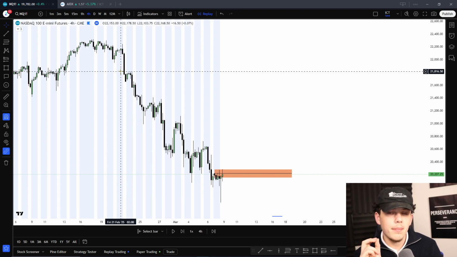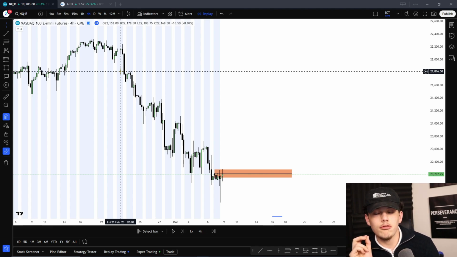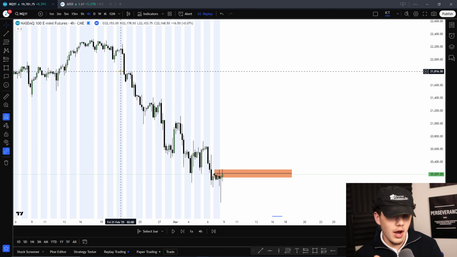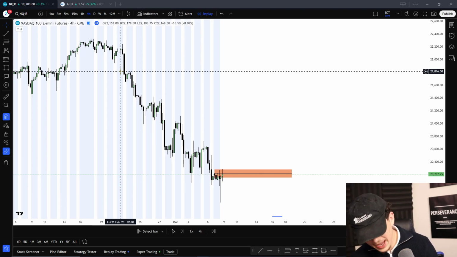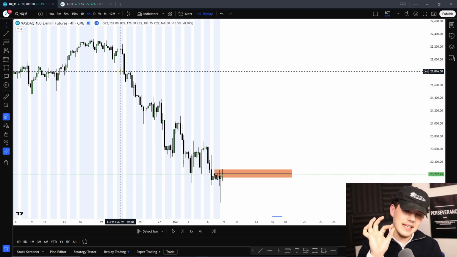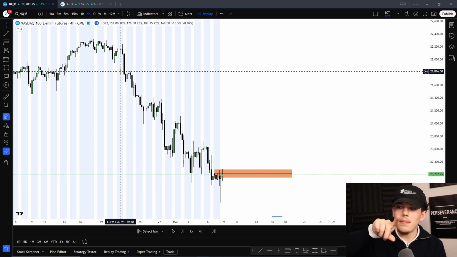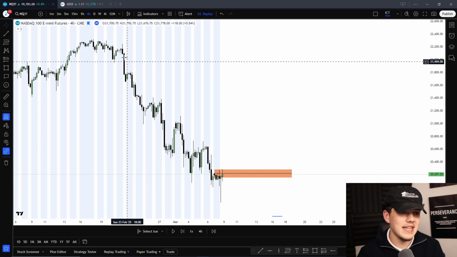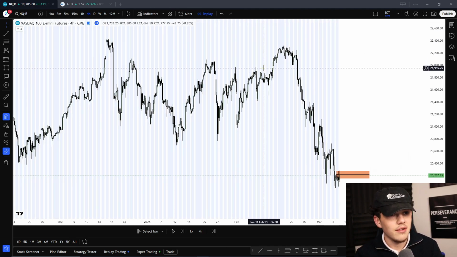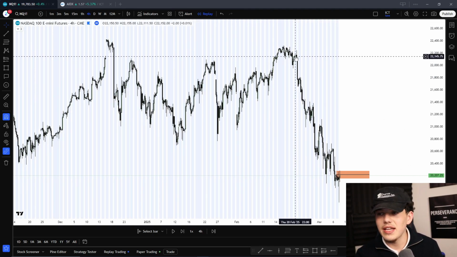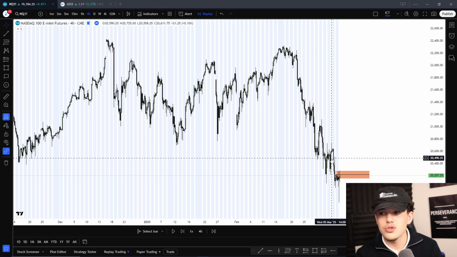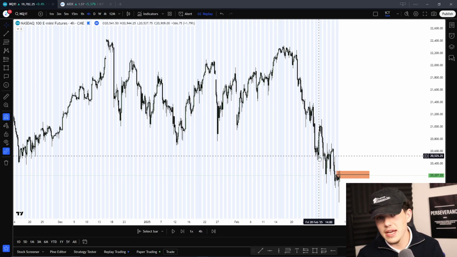Now, when price will trade and rebalance, it tends to not have that long of, actually, I could be wrong, but it tends to not have that long of an accumulation stage in that fair value gap. It tends to go up into it and then down. But when price takes a form of liquidity, it tends to consolidate a little longer, then trade back lower, targeting the opposite side of liquidity.